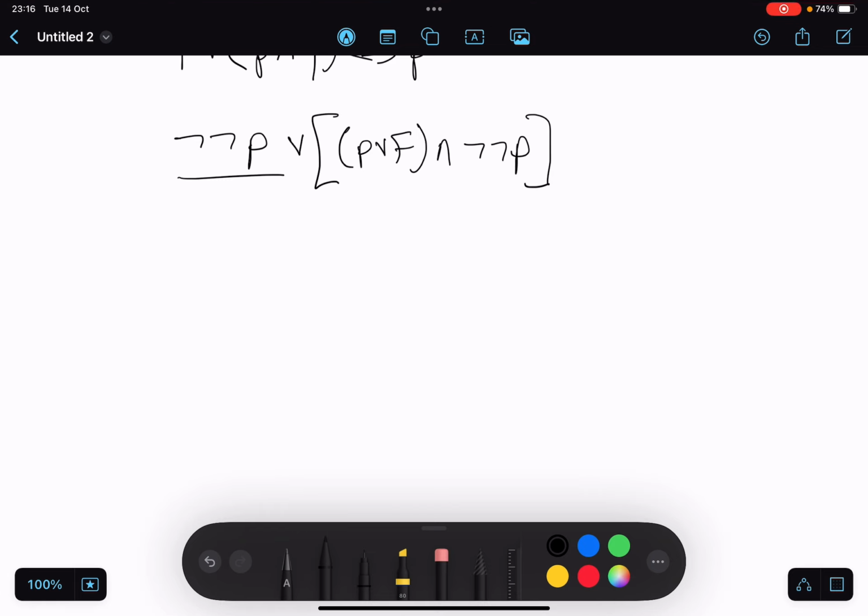So we can start with the negation, also when you're looking at the precedence table.